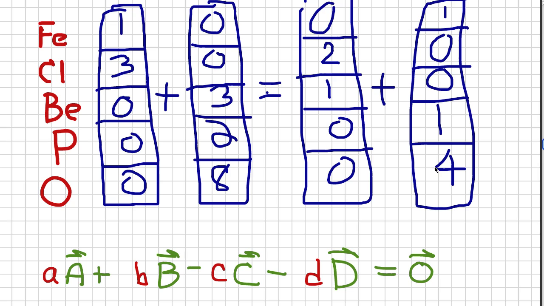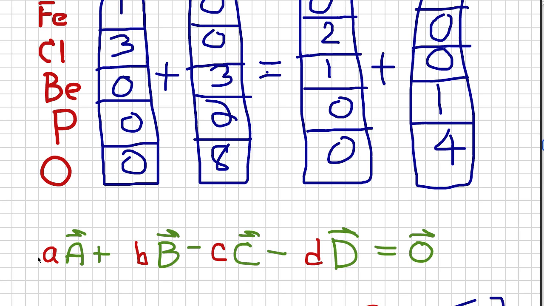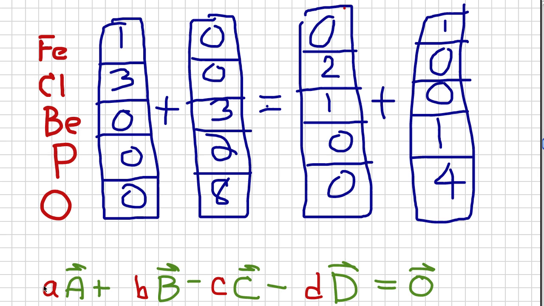So this is sort of how I'm writing these equations, if you like. A and B and C and D are my constants. The green A, B, C, D are my column vectors. So this constant times this column vector plus this constant times this column vector has to equal this constant times this column vector and this constant times this column vector.